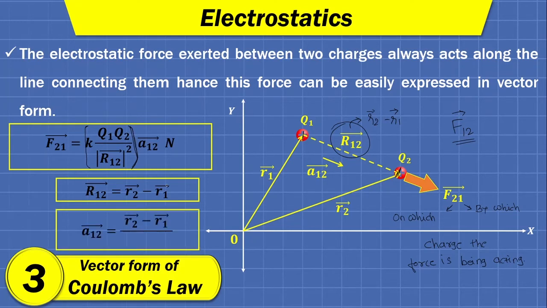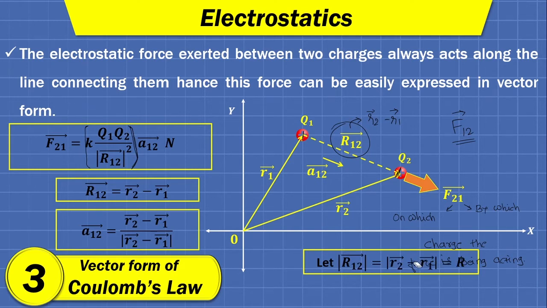And this unit vector can be calculated as r2 bar minus r1 bar divided by modulus of r2 bar minus r1 bar. Now let us consider modulus of r12 bar, equal to modulus of r2 bar minus r1 bar, equal to r, just for ease of representation, nothing else.